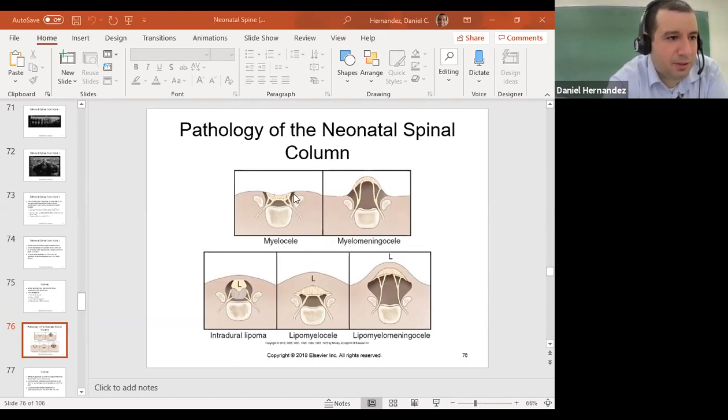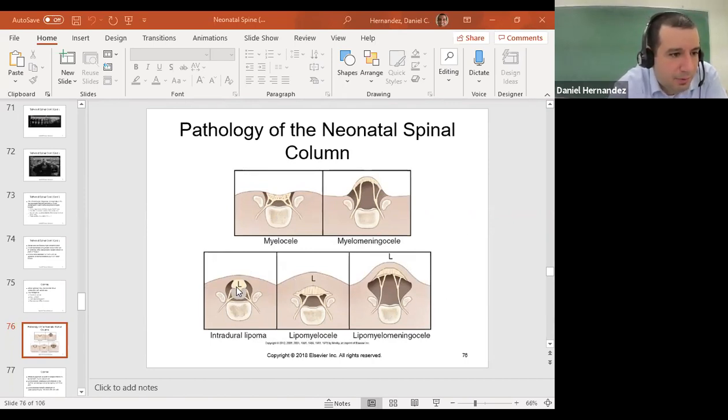So you can actually visualize through that thin membrane. We're not going to typically perform ultrasounds on these due to that thin membrane and risk of puncturing or disrupting it, you don't want to put your probe on that. So more often than not, we're going to be imaging these types of lesions that are closed dysraphisms.